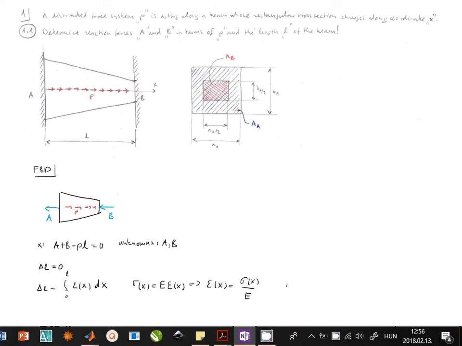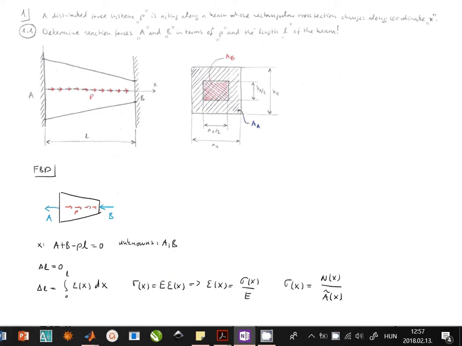And sigma x can be computed as the normal force function over the cross-section area of the beam. So the cross-section area is changing, obviously. It's decreasing in terms of x.